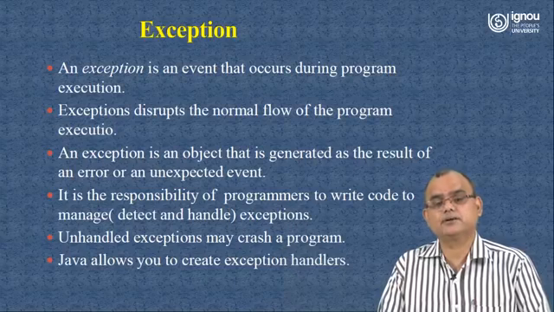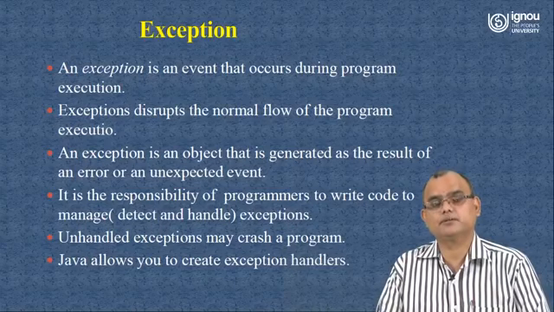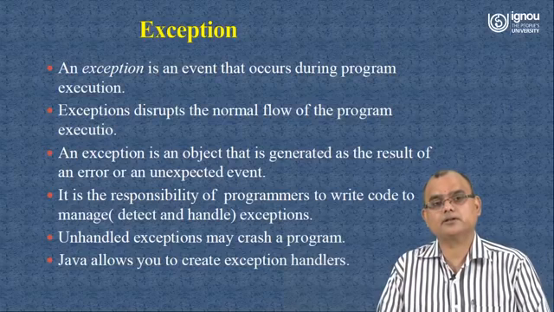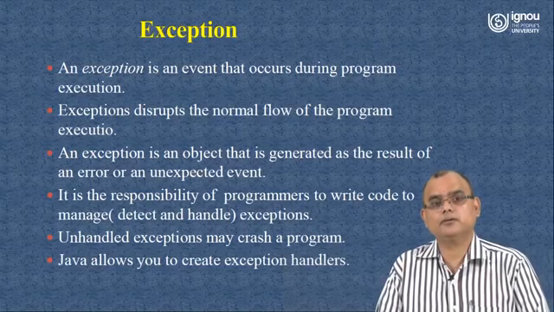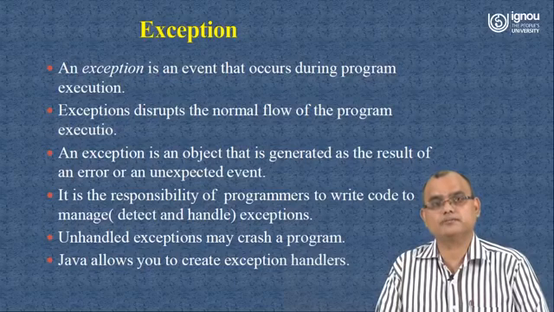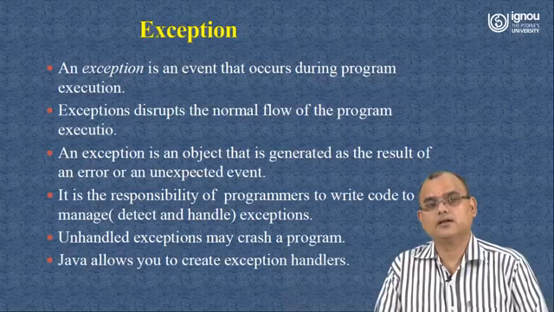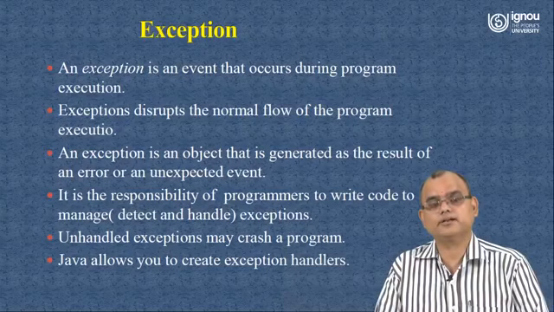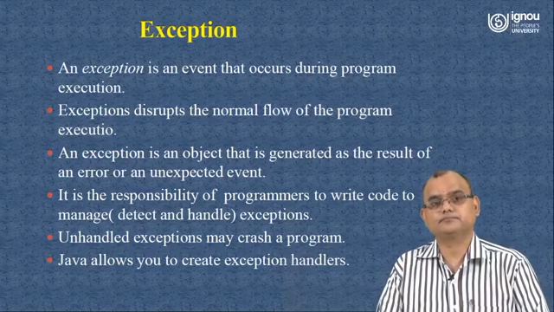It means it disturbs the normal flow of the execution of the program. The point where the exception occurs, from that point onward the control of the flow is not there. The control of the flow goes to some other place where some mechanism is there to handle the exception, or there is some default mechanism of the JVM which handles that particular exception, and the program terminates abnormally.